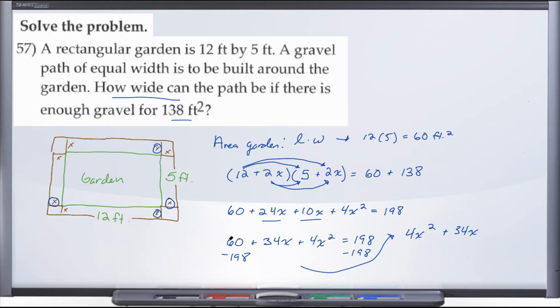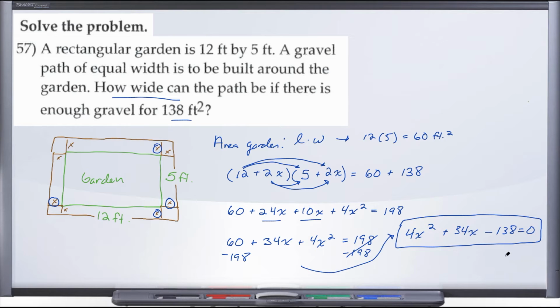And now 60 minus 198 is going to give us minus 138. Now equals 0, right? Because 198 minus 198 is 0. And now here's the quadratic equation that we can solve or factor to find out what x is.